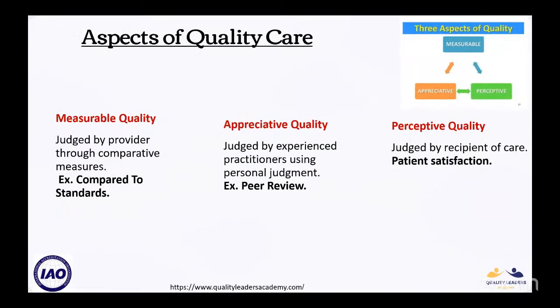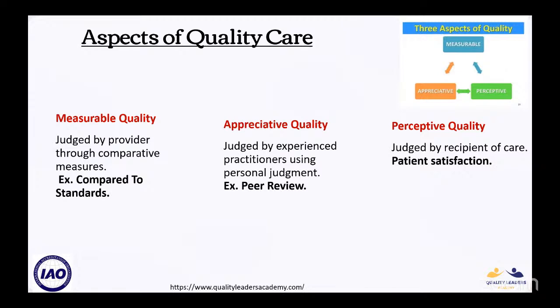Now, coming to aspects of quality care. So there are three different perspectives on quality, and understanding this will help you see the full picture, right? Quality care is measurable, appreciative, and perceptive. So what is measurable quality? See, measurable quality is judged by the provider through comparative measures like comparing to standards.